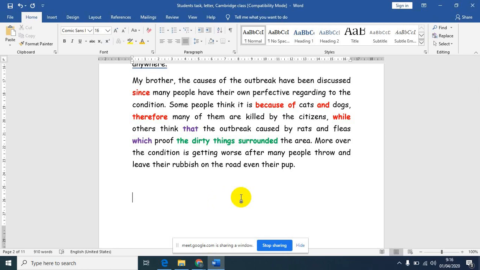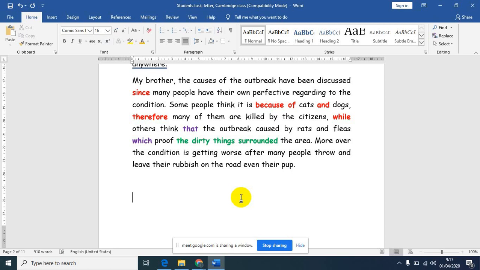That the outbreak is caused by rats and fleas. What about "which"? Please use your microphone and camera, guys. Which proves: is it a noun clause or an adjective clause?